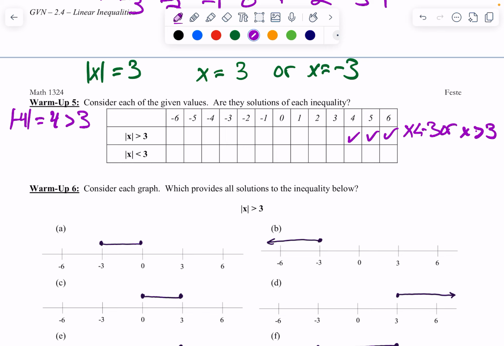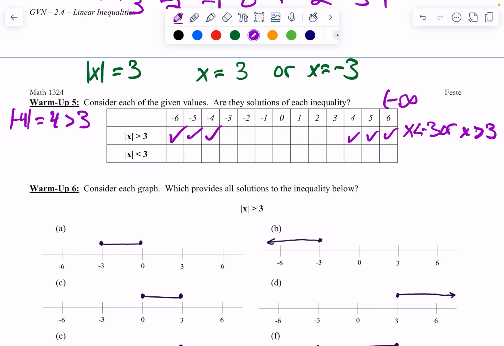So we are going towards the greater negative values. So -4 is an answer, -5, absolute value of -5 is 5, which is greater than 3, and -6.